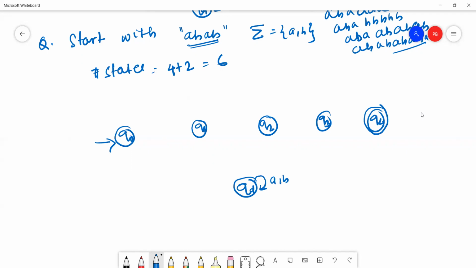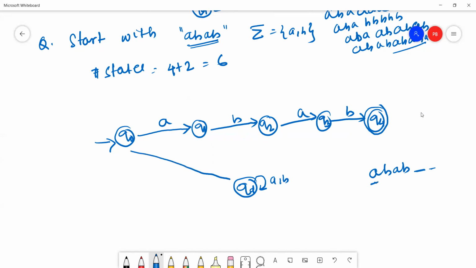Simply draw the minimum length string A, B, A, B. Every string must start with ABAB. After that, any number of A's and any number of B's, or any combination of AB or BA, may come. The first alphabet must be A. If B comes, it goes to the dead state.